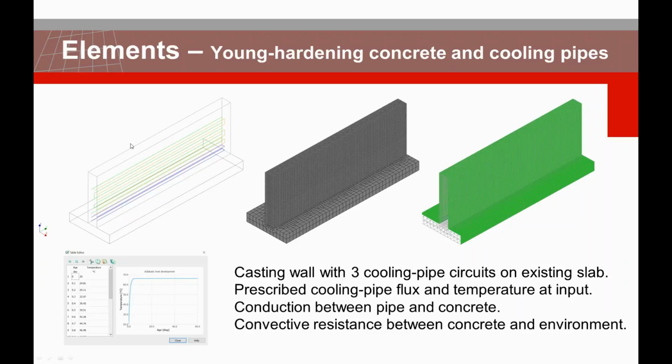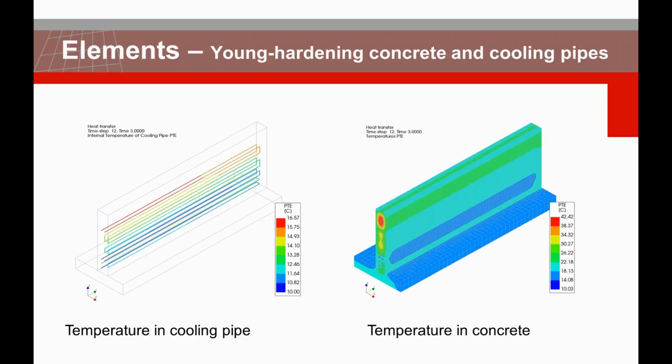So in this picture, you can see here our 3 circuits that are available to cool the wall, the corresponding mesh, and also my convecting boundary that are assigned to the solid model. You can easily read the inlet and outlet temperature for the cooling pipe, likewise for the concrete, the development of that.